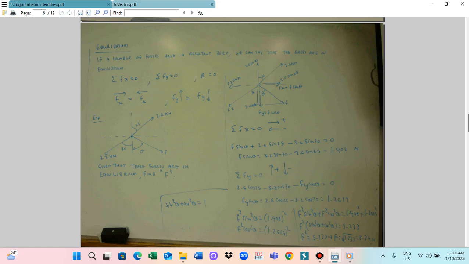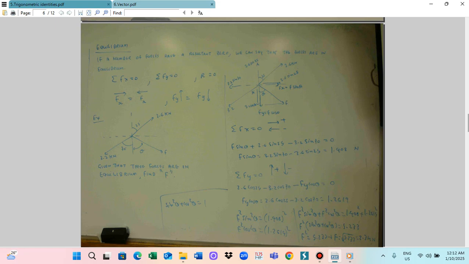Then we write the equation. Summation FA is equal to 0 because of equilibrium. This means that all the forces going to the right side plus the left side will become 0. So going to the right side is positive, going to the left side is negative. So you can take F sin theta plus 2.6 sin 25 minus 3.2 sin 70 is equal to 0.